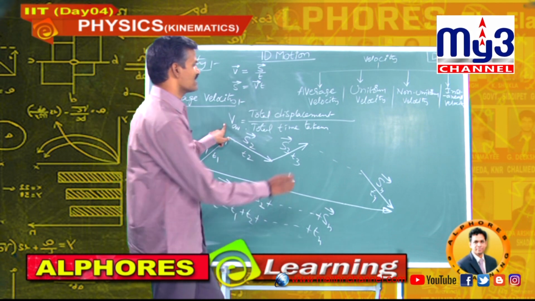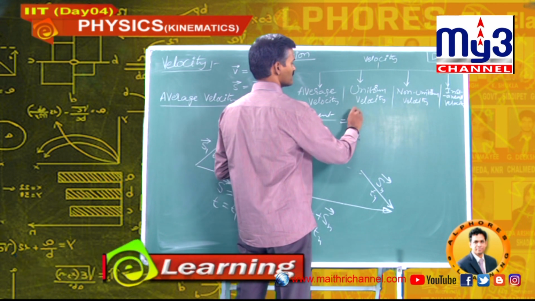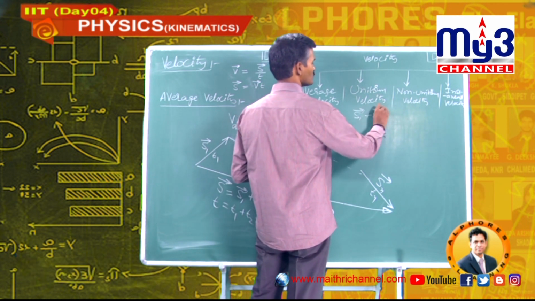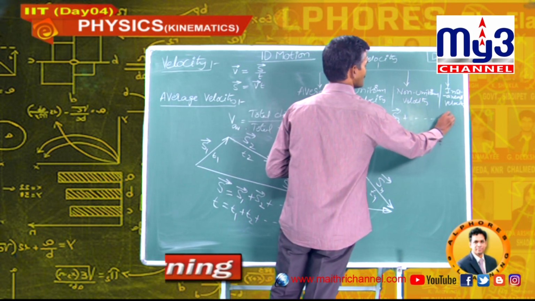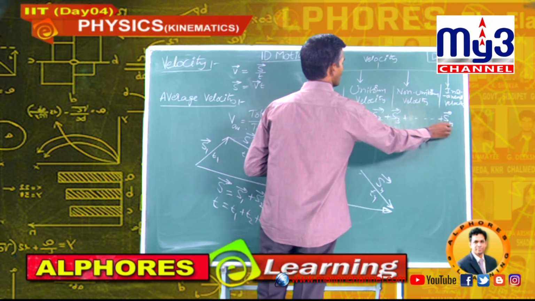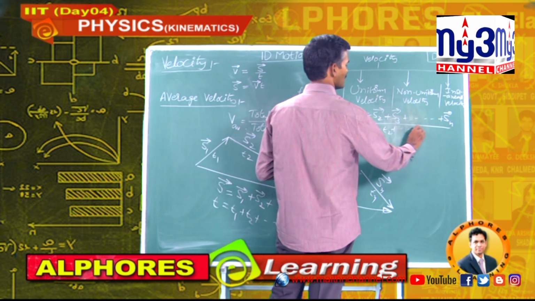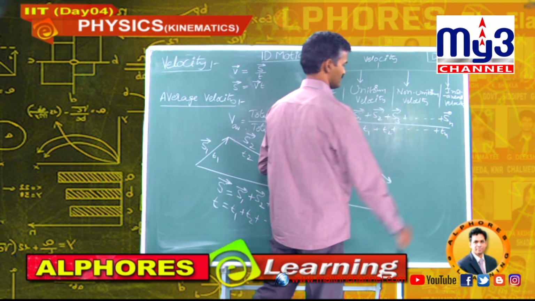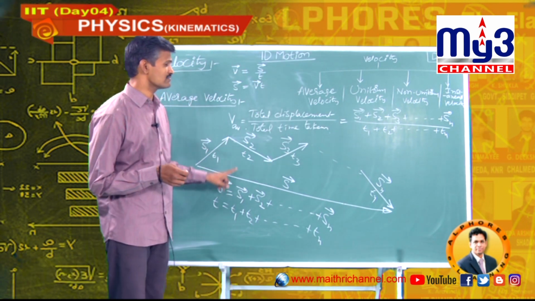So our average velocity can be written as S1 bar plus S2 bar plus S3 bar plus and so on plus Sn bar by total time taken t1 plus t2 plus and so on plus tn. This is average velocity.